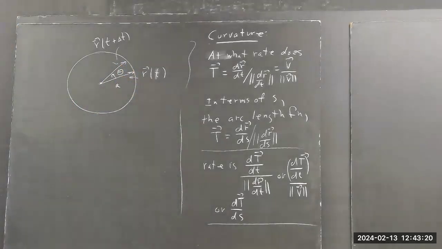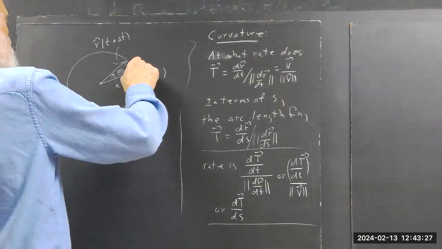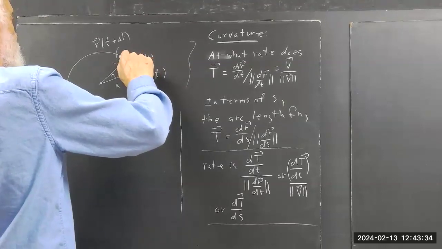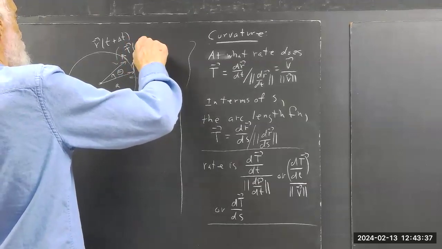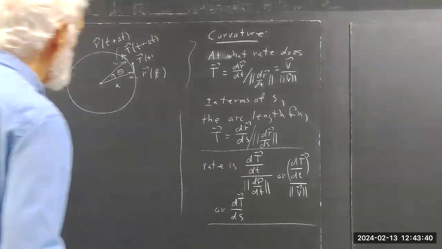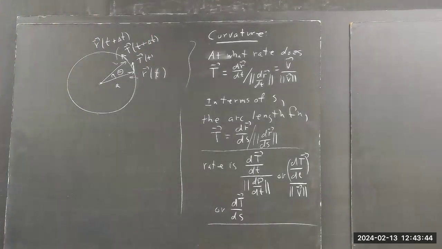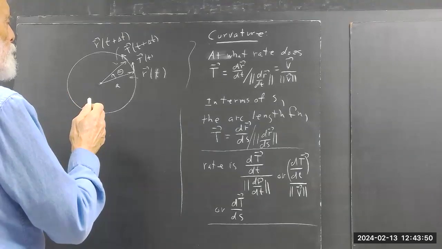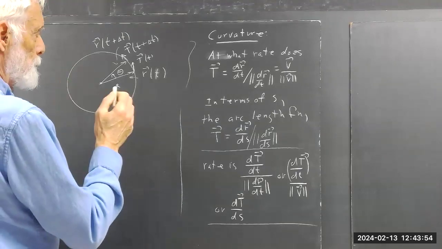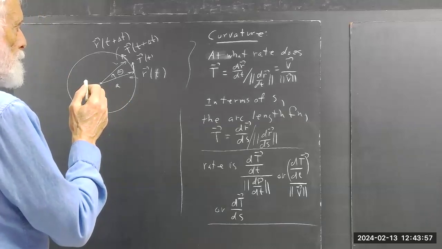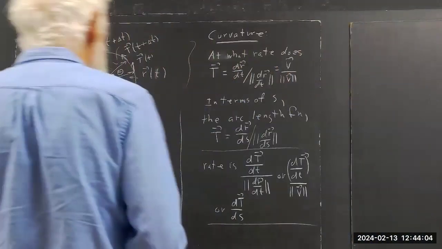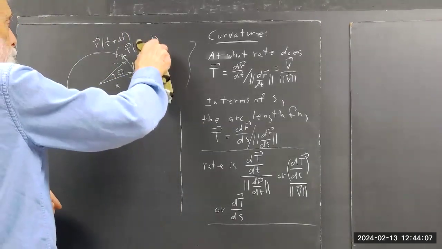And this angle in here is theta. So we have our unit tangent vector here, and our unit tangent vector here. But there's a step in between them.